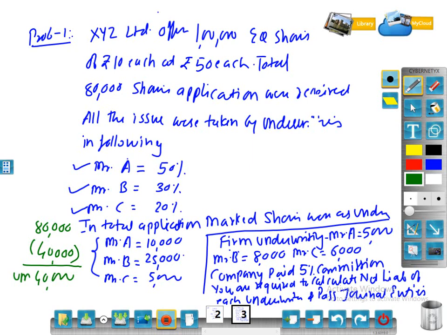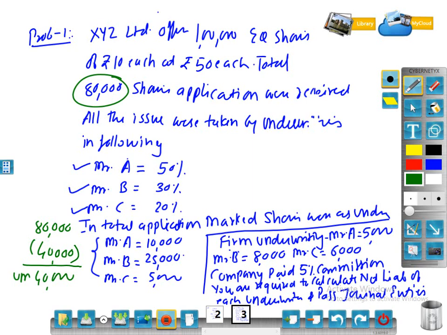Now the question arises: the total applications that we have received, do they include firm underwriting applications or exclude firm underwriting applications? If they exclude firm underwriting, then 5,000 plus 8,000 plus 6,000 comes to 19,000.